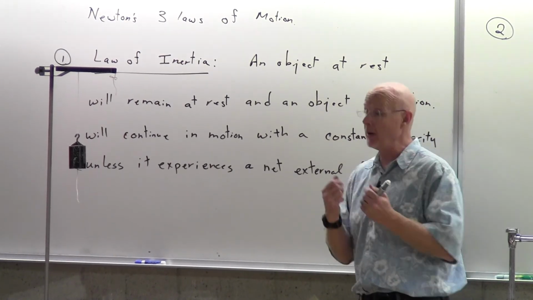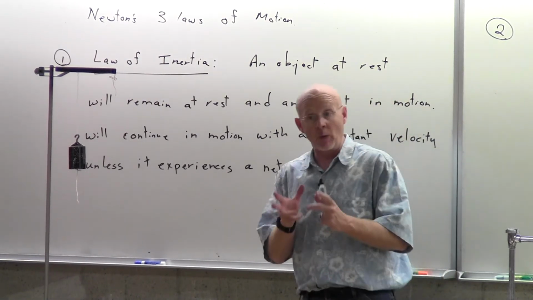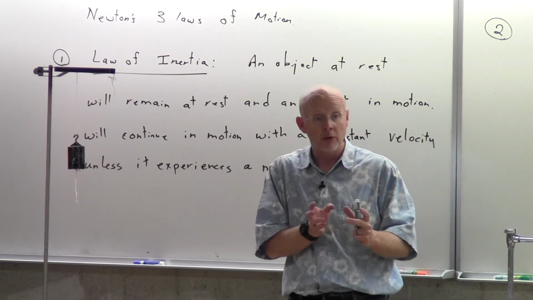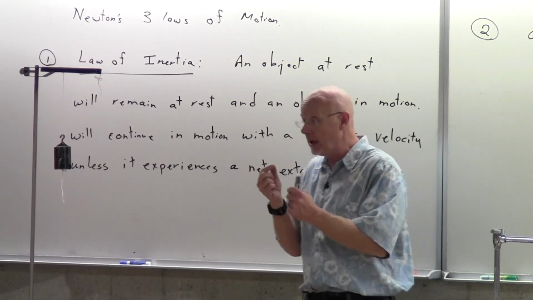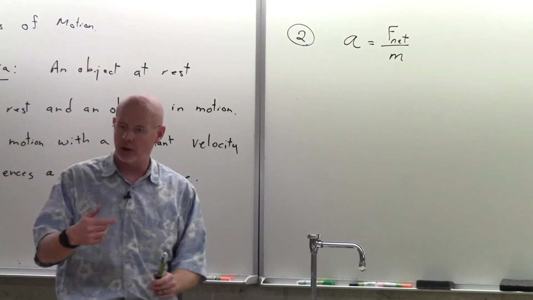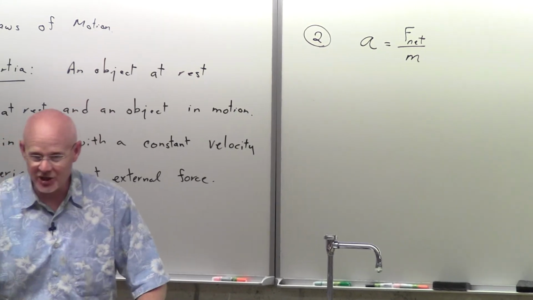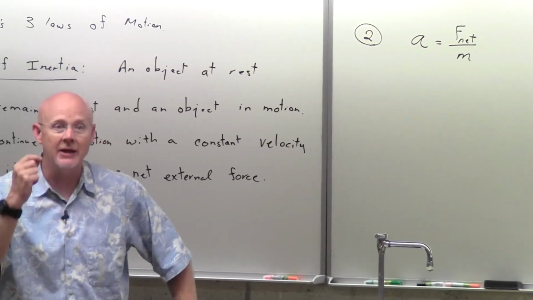Maybe it will go faster, maybe slower, maybe it will turn to the left, maybe to the right. If it was at rest, maybe it will start to move. This one is saying you will get an acceleration, and the second law gives you a little formula for calculating how much acceleration you will get.